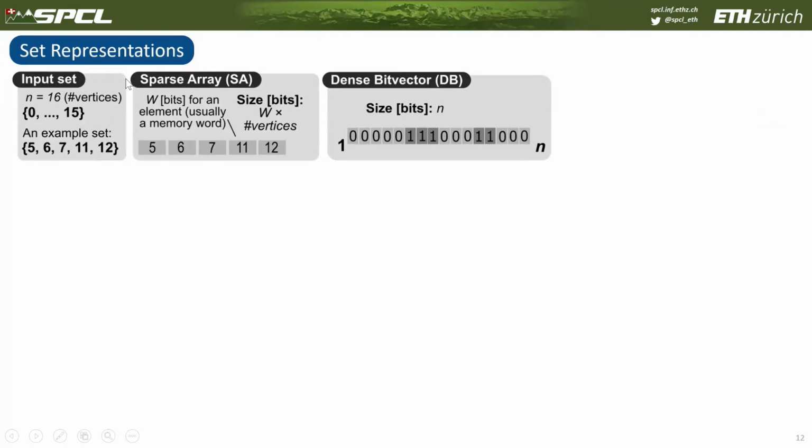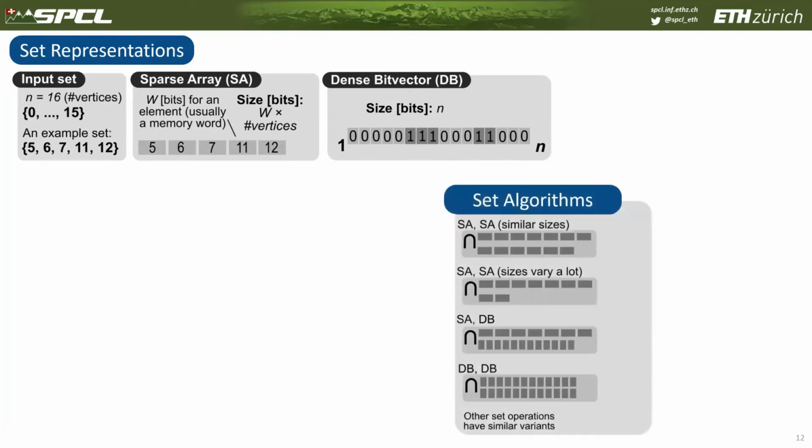Now we can represent this set using, for example, a sparse array, where we explicitly store all these vertices as explicit numbers contiguously in memory. Or we can also represent this as a dense bit vector, where we store this set as a bit vector with n bits, and a bit set to 1 indicates that the vertex with the ith index is present in a given set, while 0 means that a given vertex is not in the set. Right?